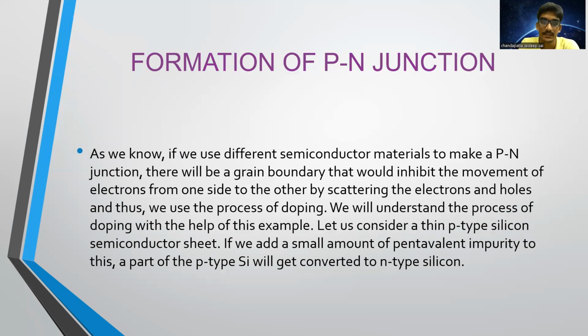Formation of p-n junction. As we know, if we use different semiconducting materials to make a p-n junction, there will be a grain boundary that would inhibit the movement of electrons from one side to the other side by scattering the electrons and holes, and thus we use the process of doping.